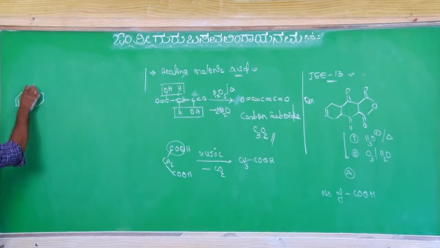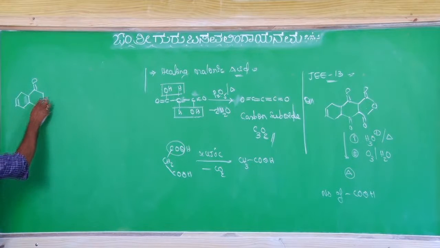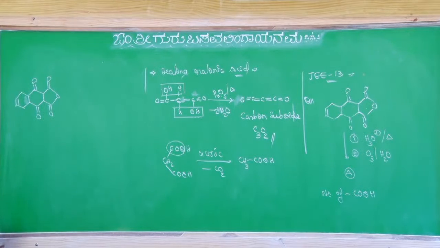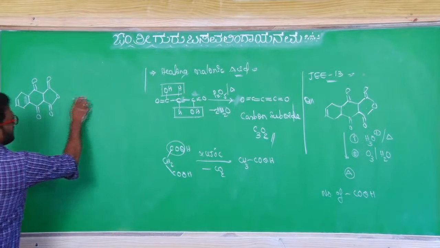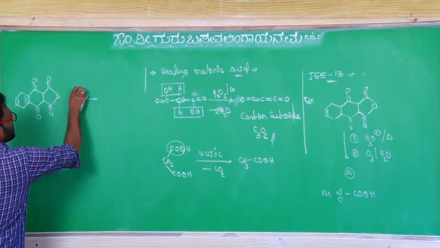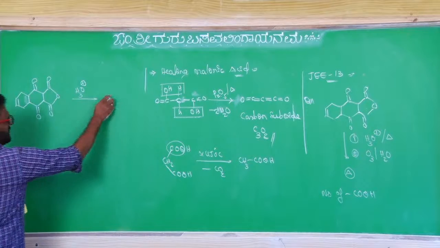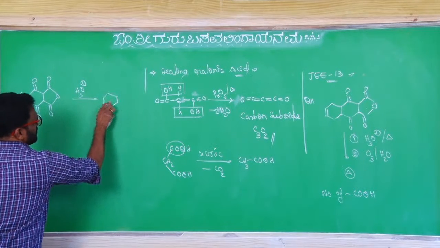Here on this side there is a double bond, and this is an anhydride. When this anhydride undergoes acid hydrolysis, you will get carboxylic acid.